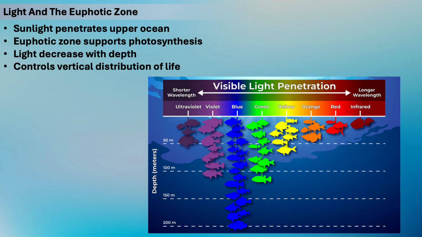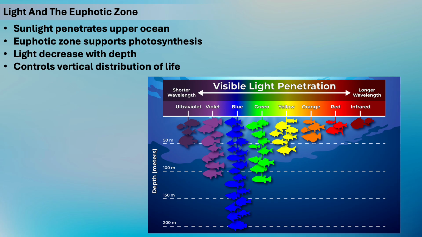Light availability is one of the dominant controls on how the open ocean functions, but the key point is not just that light decreases with depth, it's how quickly and unevenly that decline happens. As sunlight enters seawater, it is both absorbed and scattered, and different wavelengths disappear at different rates.